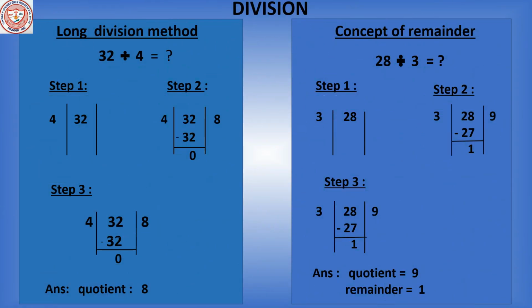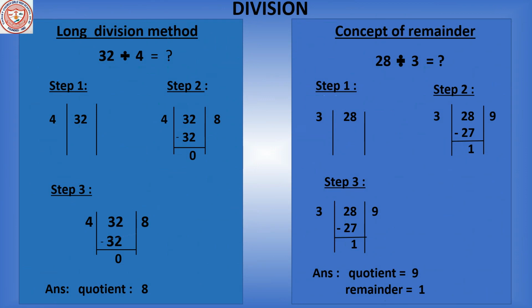Next, long division method. I hope you remember the method. Now, look at the given example. Divide 32 by 4. How will you divide 32 by 4 following the long division method?